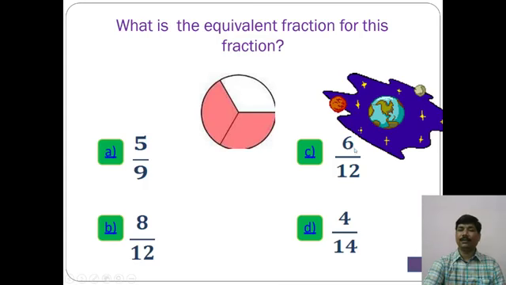In this case, both numbers are divisible by 6. 6 ones are 6, 6 twos are 12. The new fraction will be 1 upon 2. And both these numbers are divisible by 2. 2 twos are 4, 2 sevens are 14. So in which option are you getting 2 upon 3? In this option you are getting 2 upon 3.